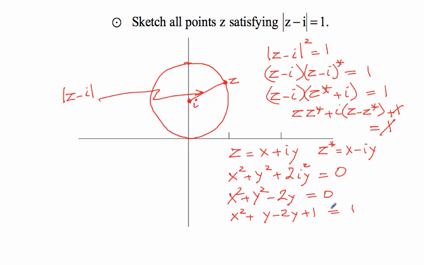I've added 1 to both sides, and then this over here is x squared plus (y minus 1) squared equals 1. And that, of course, you recognize as being the equation of a circle whose center is at y equal to 1. So we've checked that if you write this out in terms of x and y coordinates, you do indeed get this circle. But certainly, it's a much harder way of going about things.